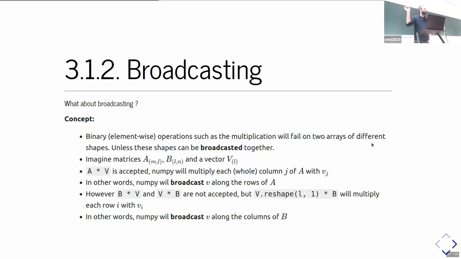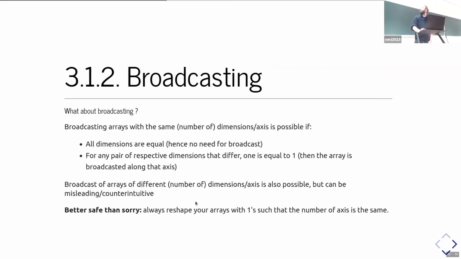We already met that when I needed to use the transpose of the equals matrix. Unless they can be broadcasted together. Here I have some examples of when you can broadcast and when you cannot. I will move directly to the next slide. Again, all of that is on the Indico website, so you can download the notebook and the PDF to try the code yourself or have a look by yourself.